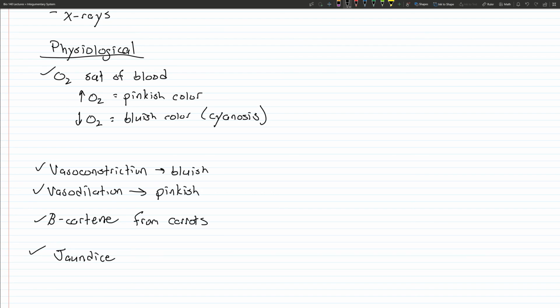Jaundice gives a yellowish pigmentation to the skin. So that's what we got from jaundice.